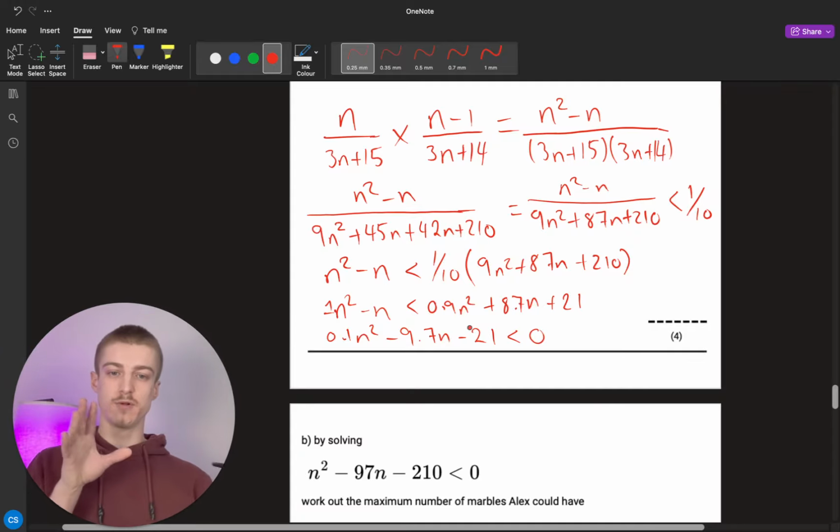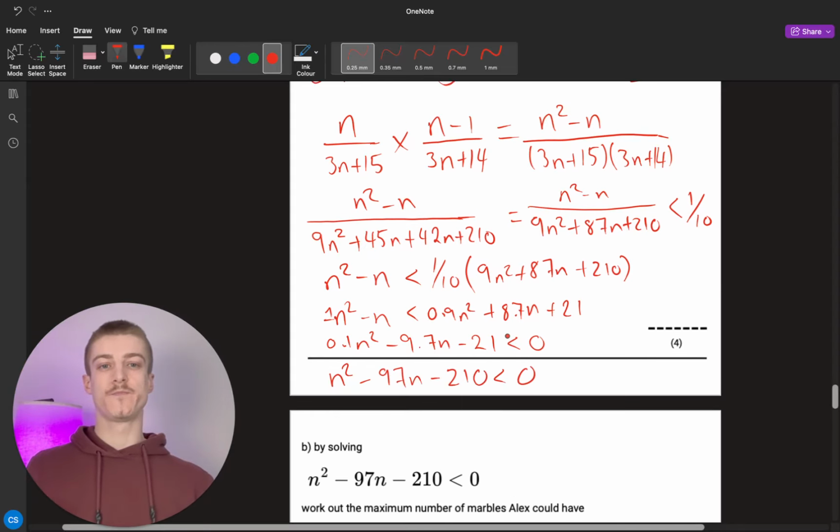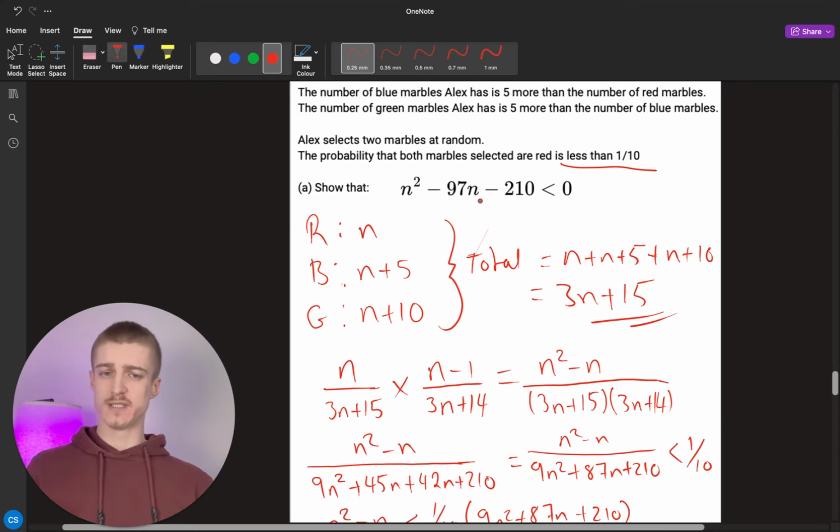Okay, let's substitute our coefficients in. Remember that this is a, b, and c. So n equals minus b, minus 97 is positive 97, plus or minus the square root of b squared, minus 97 squared. Well, there's no such thing as a negative square number, right?